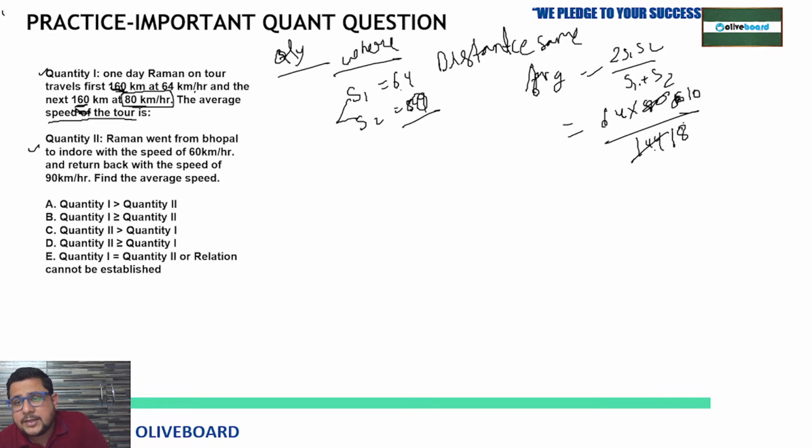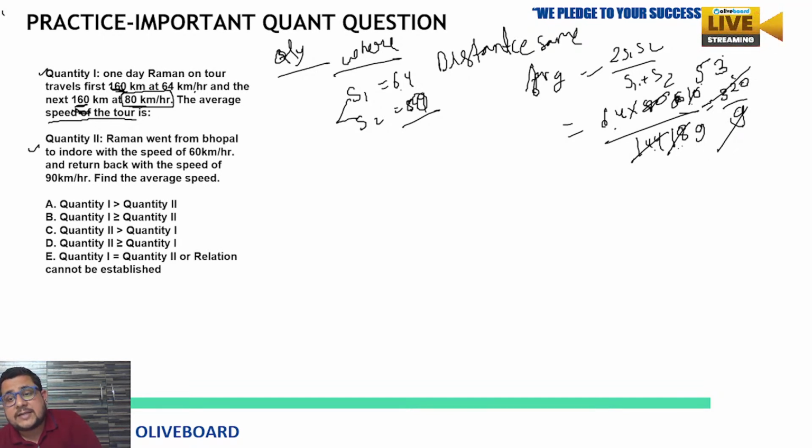And here you can cancel this again by 9 and this by 2. 9 cancelled, and 10 will be cancelled by 2, 5 times. Now 64 into 5 is 320 upon 9. So when you calculate 320 by 9, 9 threes are 27, then 9 fives are 45. So around 35 you are getting. Around 35 5 by 9.